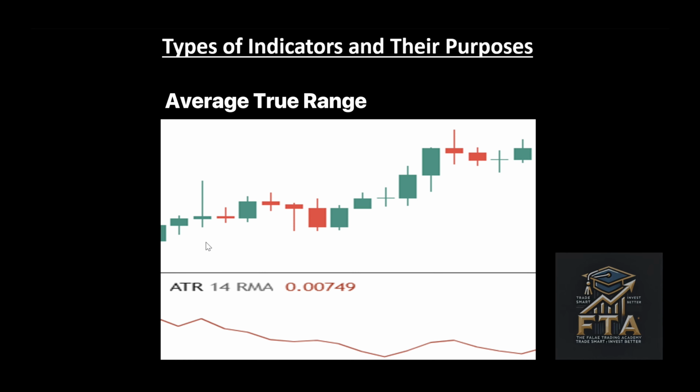And this gives you a range to work with. And the value of the ATR in this case is 74.9. So like non-Japanese yen pairs, it is a 4-digit number and it begins after the decimal place. So in this example, the average true range is 74.9, which is the range of price movement over the last 14 candlesticks. And I'll be talking about how I use the ATR as well.